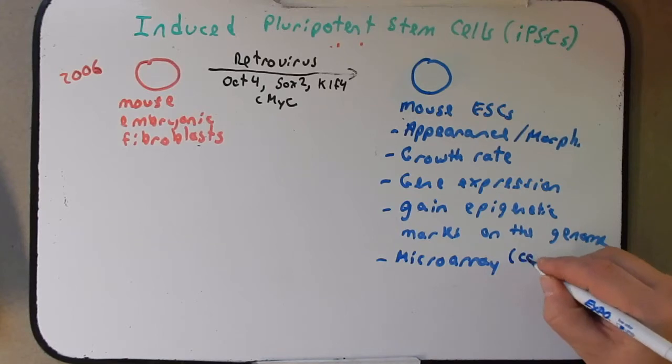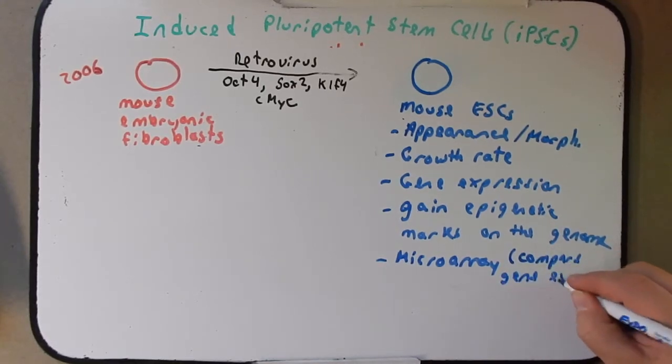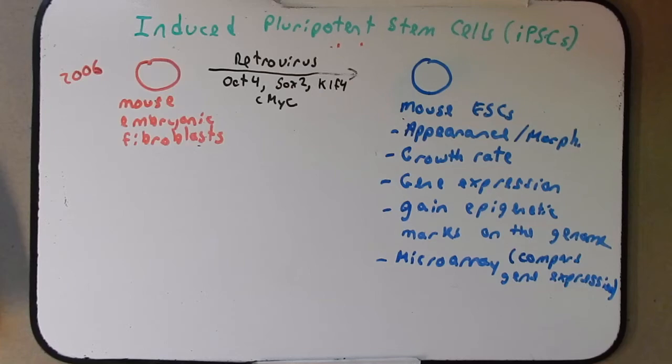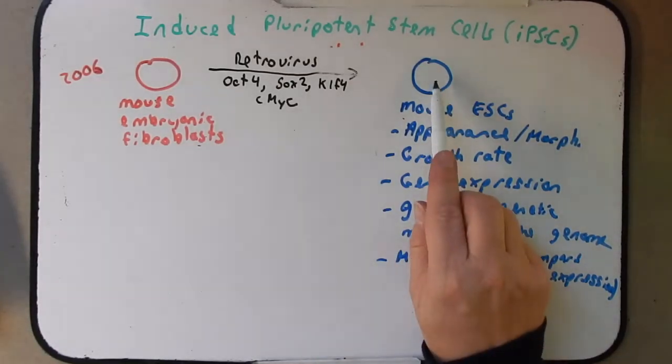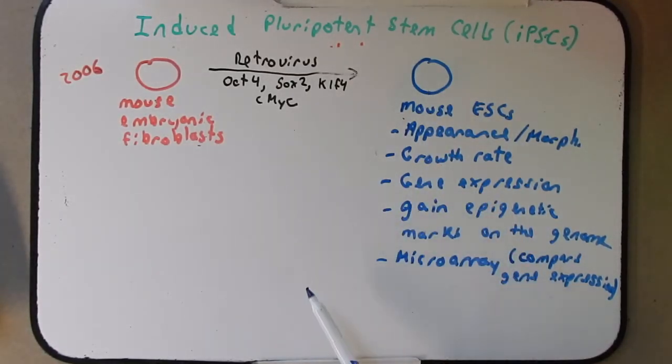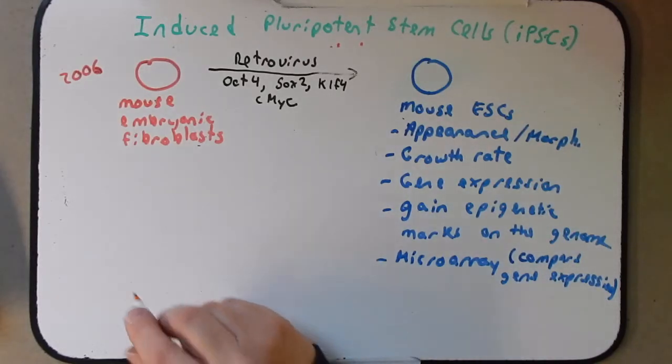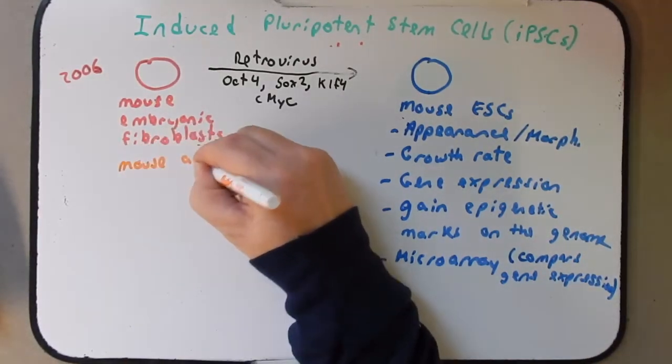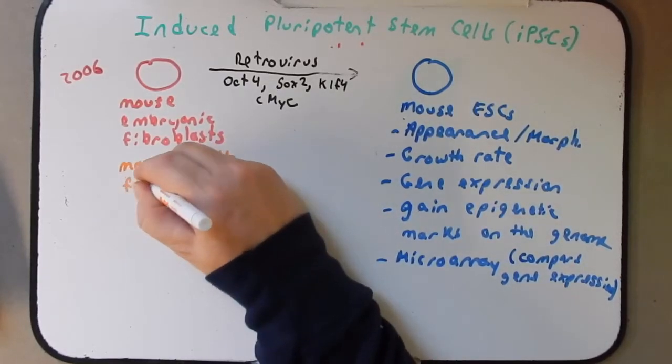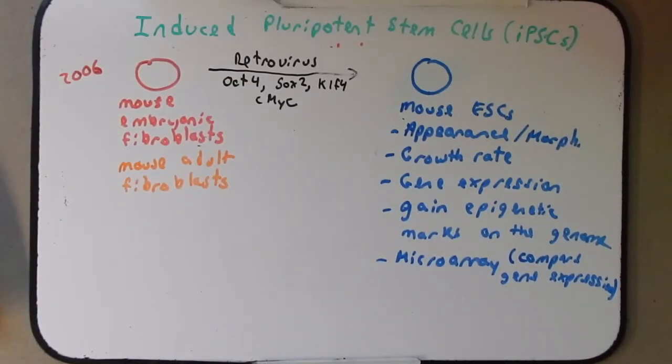Microarray is just a good way to compare gene expression in different cells. So you could compare the genes being expressed in this iPS cell with a typical pluripotent cell and see if there are any similarities. And what they found were several similarities in gene expressions that made them almost indistinguishable from an embryonic stem cell. I should also say that they did these experiments using mouse adult fibroblast cells to show that even a differentiated cell could be reprogrammed. A more differentiated cell could be reprogrammed.